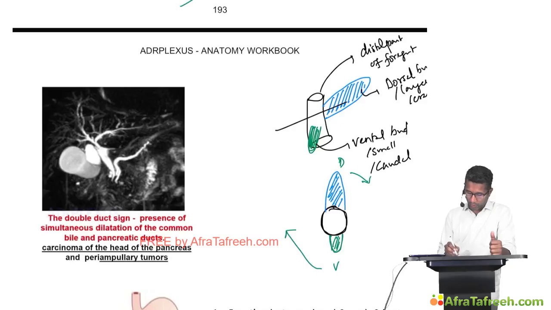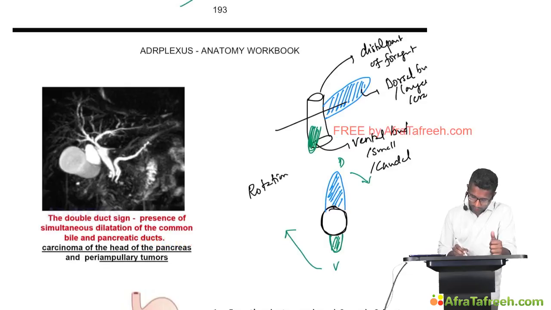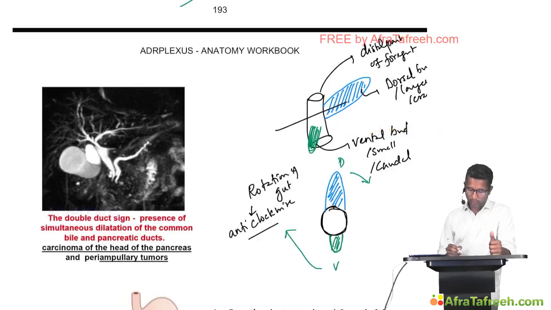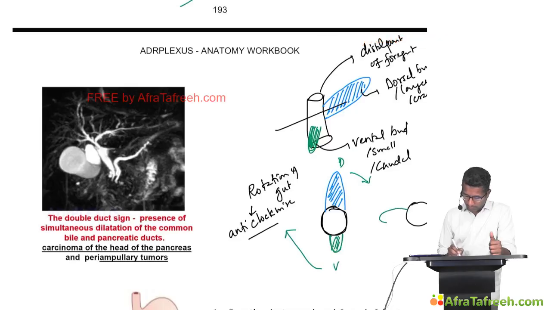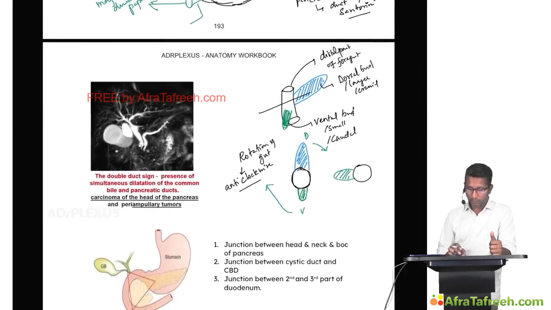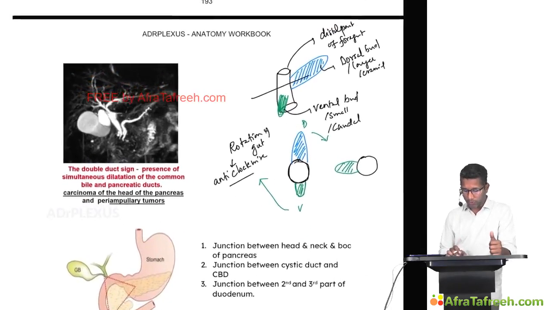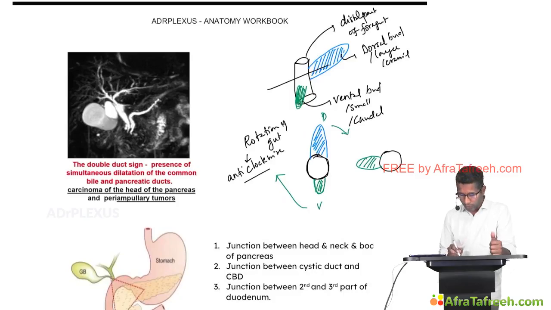Because of the rotation of the gut, which takes place in an anti-clockwise direction, the duodenum also rotates, and the ventral pancreatic bud goes to the right side, and the dorsal pancreatic bud comes to the left side here.